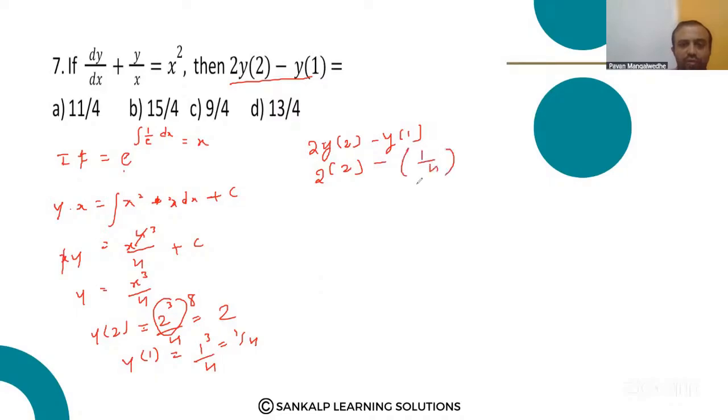So that is 4 minus 1 by 4, that is 16 minus 1 over 4, which is 15 by 4. Option B is the correct answer.